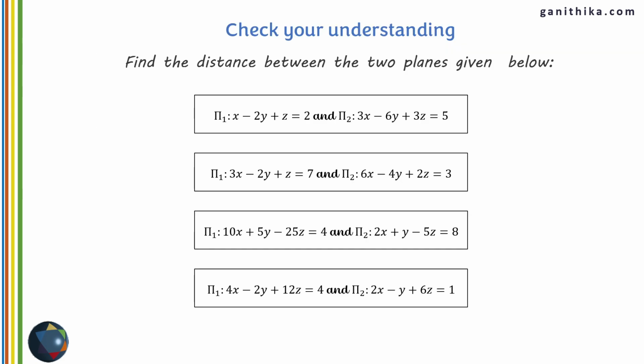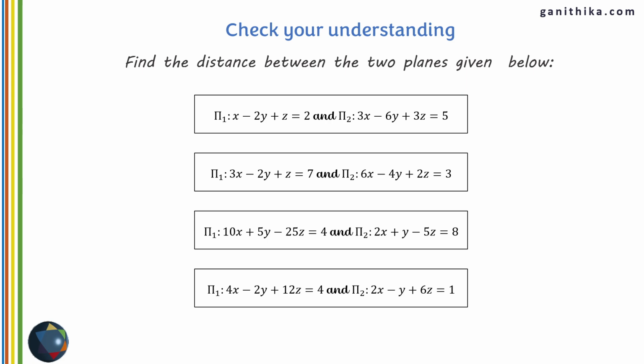Okay, check your understanding. Now you can pause the video here and take down all those questions given on the board. There are 4 questions in different forms. Try to use any one of the methods, or both. You can confirm if you do both, but choose the appropriate method that is applicable for your syllabus. In the comment box, tell me which method you chose and why you did not choose the other method.